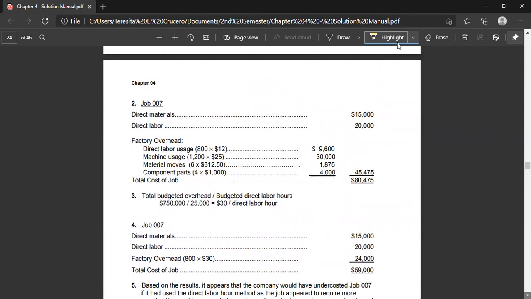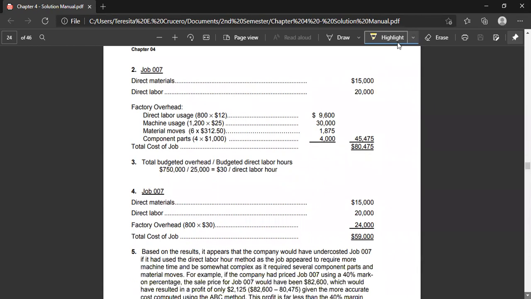In number 3, we computed the rate per direct labor hour equal to $30. Okay, so in number 5, what might have been the impact on Mansfield's profits if it had used the direct labor hour method rather than the ABC method?